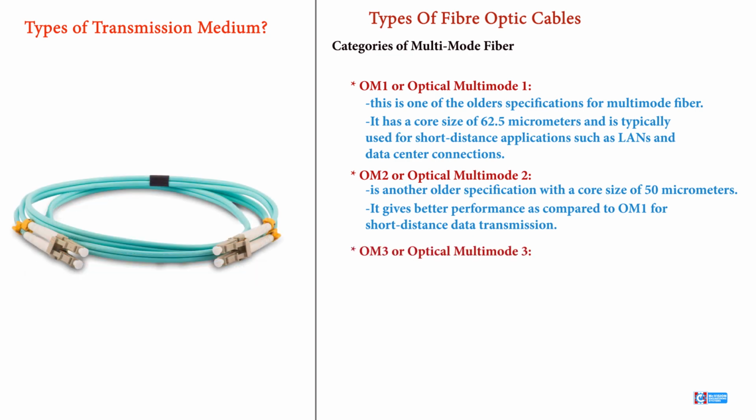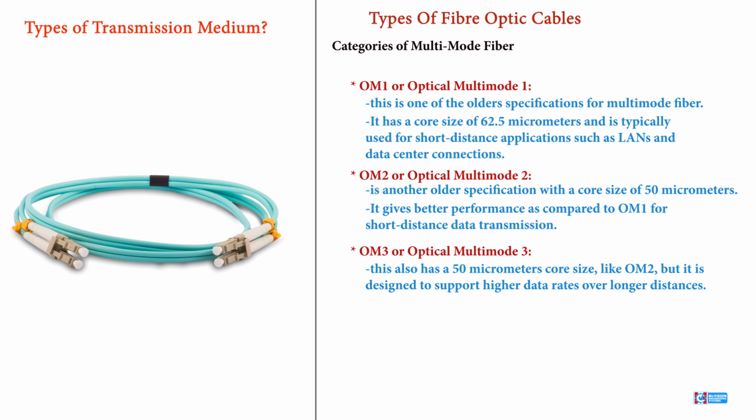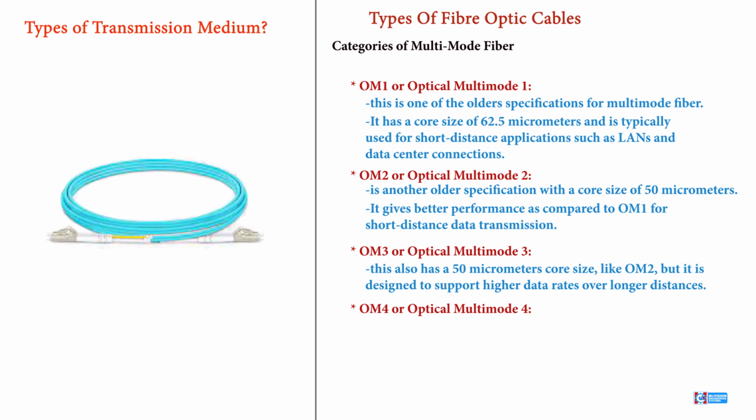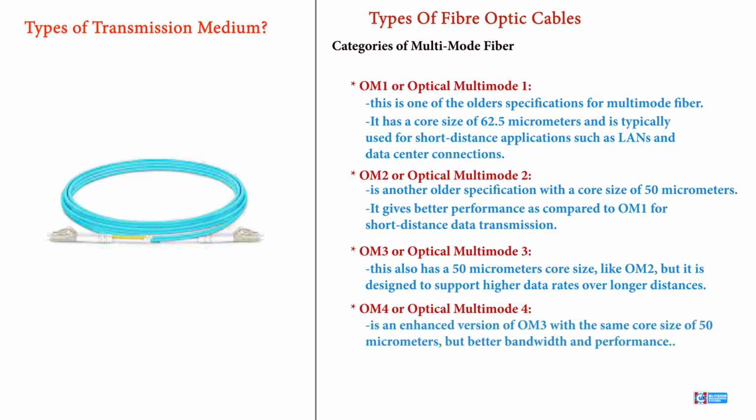3. OM3 or Optical Multimode 3. This also has a 50 micrometers core size, like OM2, but it is designed to support higher data rates over longer distances. 4. OM4 or Optical Multimode 4 is an enhanced version of OM3 with the same core size of 50 micrometers, but better bandwidth and performance.